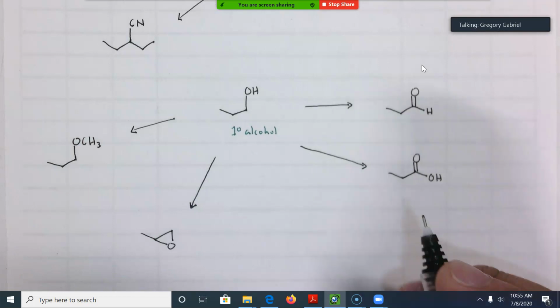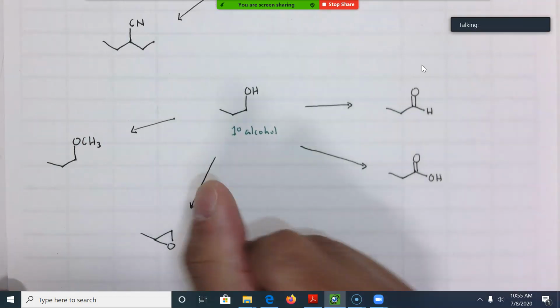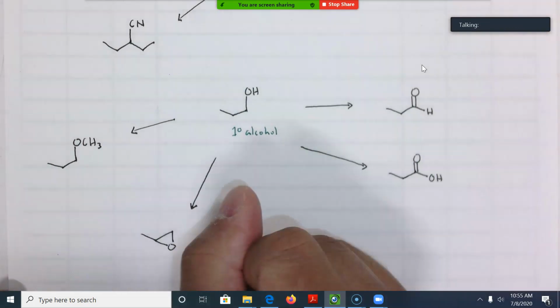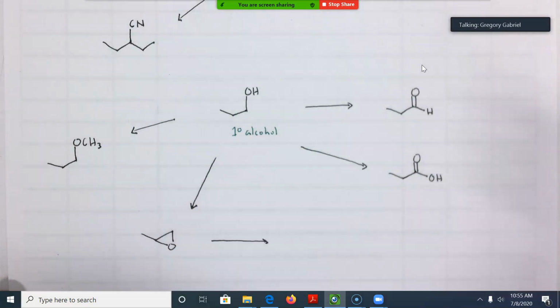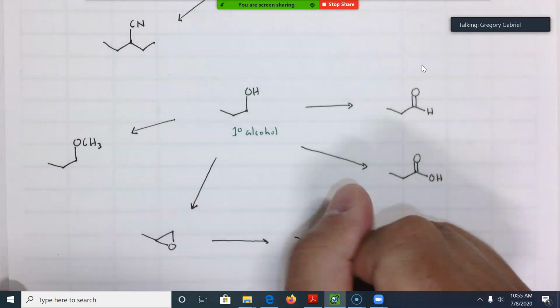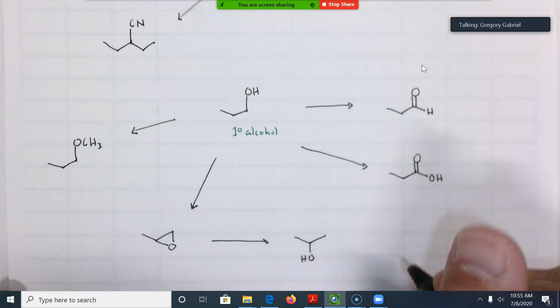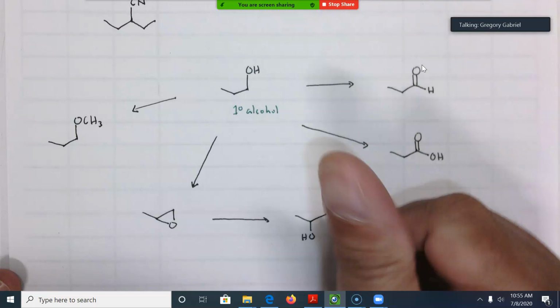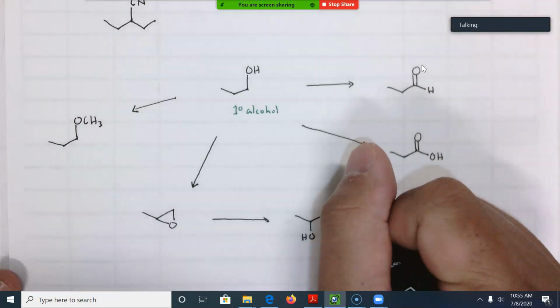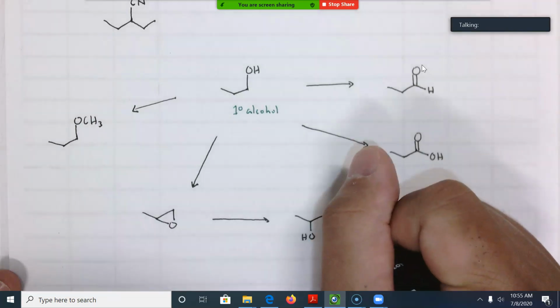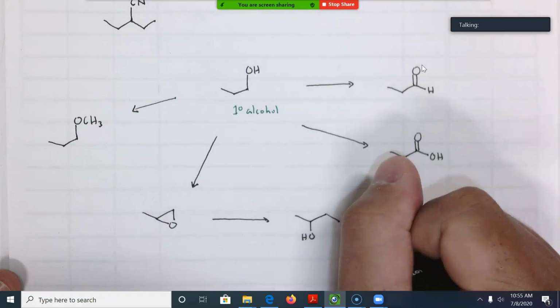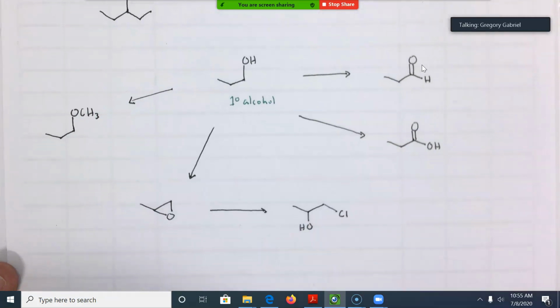And then we're going to take this epoxide. Okay, I know it's getting out of control, but what if I make this? Give me 1 second to figure this out. Okay, that's a challenge.